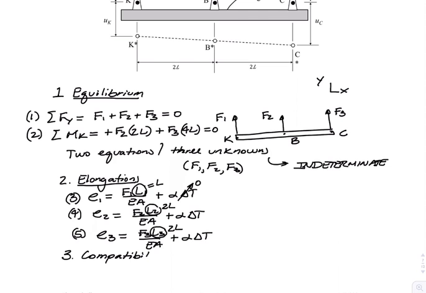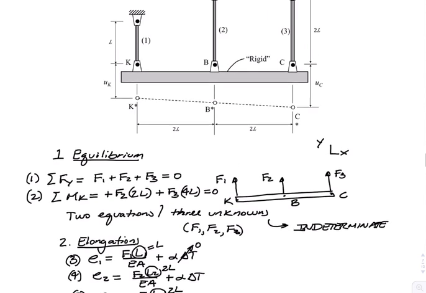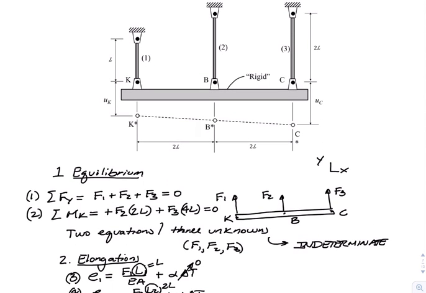The compatibility in this case is that we have to keep in mind that these 3 rods are connected to the same rigid bar. The picture shows the deformed state of these joints, K star, B star, and C star. So UK is given by this amount here. The deflection for B is UB, and the deflection for C is UC.